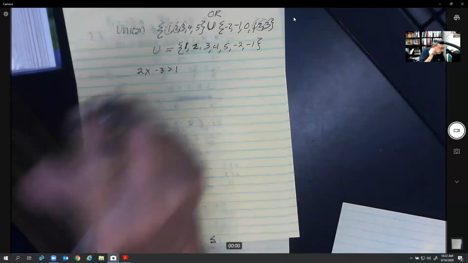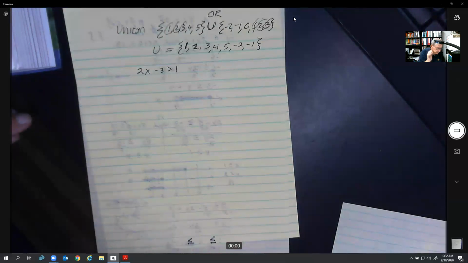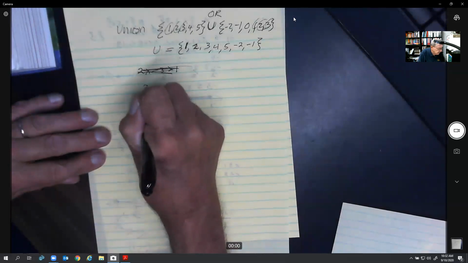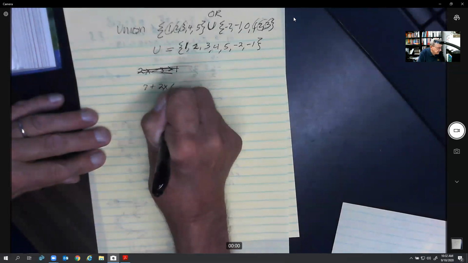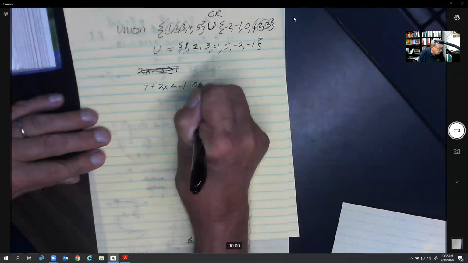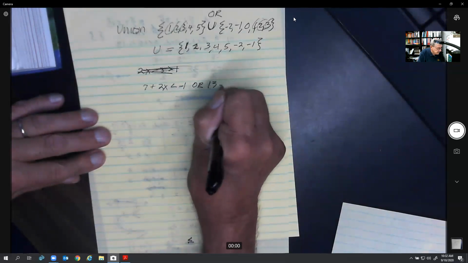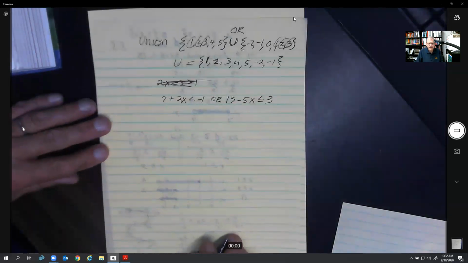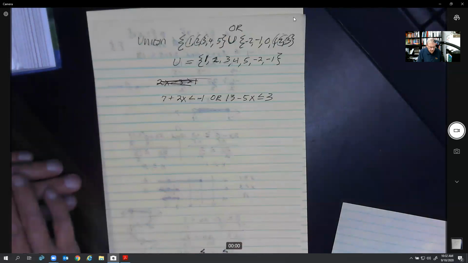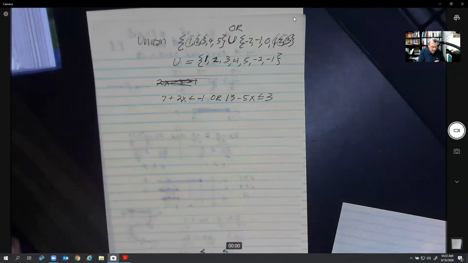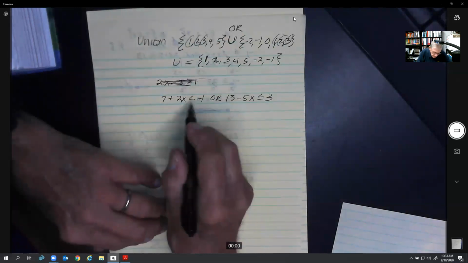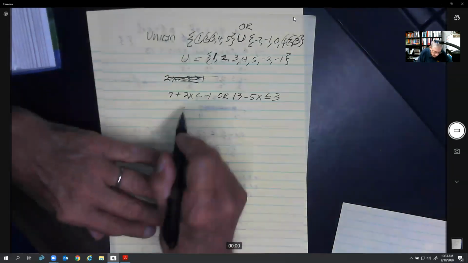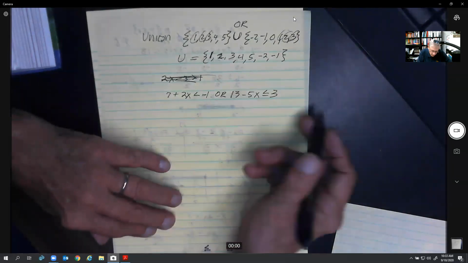Let me do a different one, I'm sorry: 7 plus 2x is less than -8, or 13 minus 5x is less than or equal to 3. We're going to do each one of these separately, and then we're going to see what happens. We're going to solve each because you can't push them together. They're totally different.